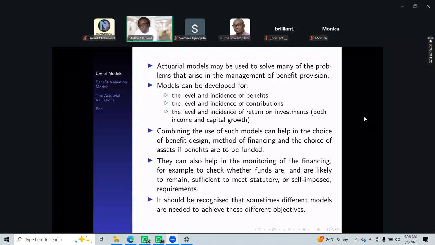Because we have to make sure that we can project the amount, but not only the amount, also the timing matters, right? At what point will you start, let's say, to pay a certain type of benefit, right? So can we project that? So the focus will be more on not only the amount, but also the incidence, or we can say the timing of the contributions themselves.